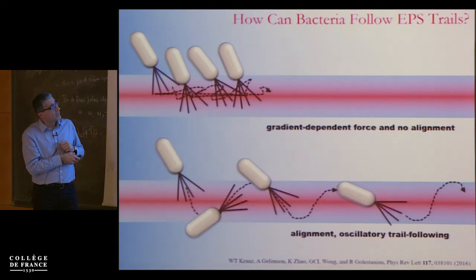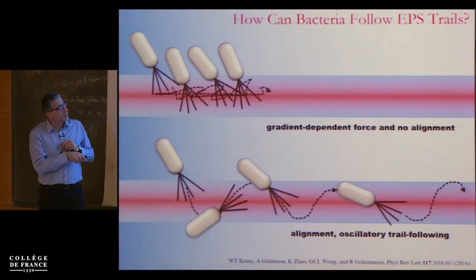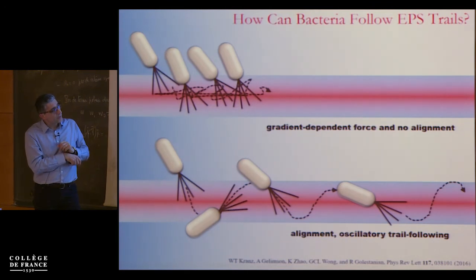But if you have this alignment interaction, which I discussed, so something like the orientation cross the gradient, and now the gradient being perpendicular, it turns out that you would create this oscillatory type trajectory, which basically is a much more efficient way of following the track, because as soon as the bacterium is outside, it will realize and it will correct itself, even if it's subject to thermal fluctuations.